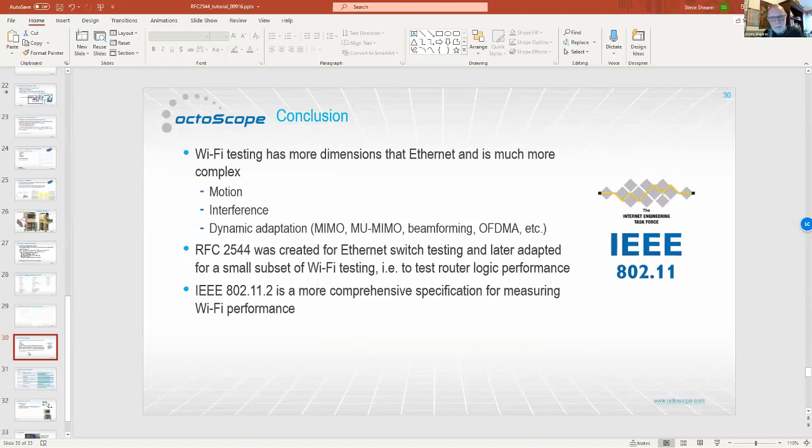Beamforming, OFDMA, many of these new technologies in 11AX. So this is an interesting topic. 2544 was created for switch testing. 11.2 is a more comprehensive specification that looks at Wi-Fi performance, radio performance.